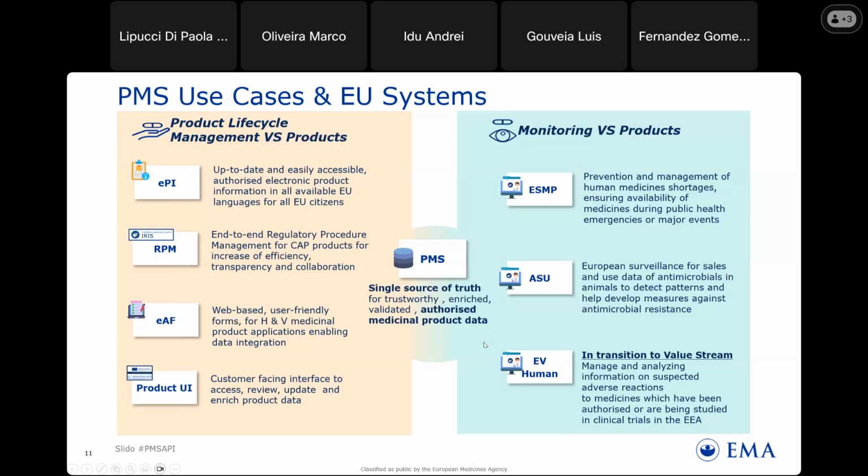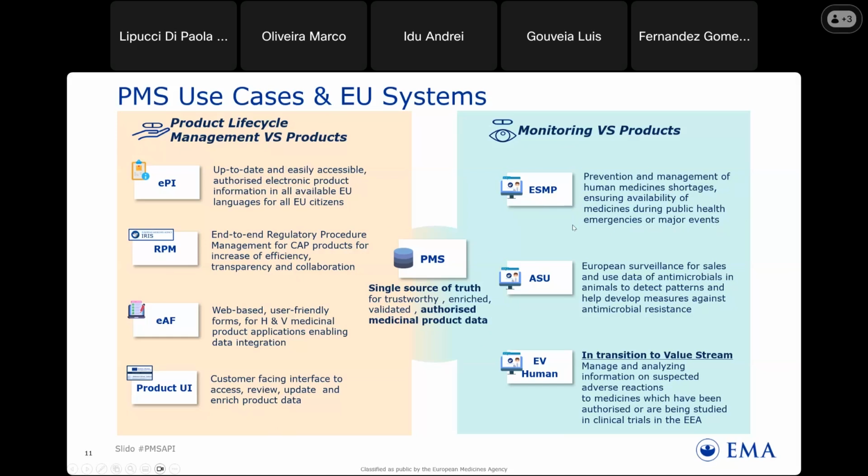But as I was saying before, PMS is also expanding its scope. So we started to support another value stream, which is called monitoring. And as the word says, the scope of this value stream is indeed to check and make sure that the medicines are submitted in a correct way and used across different core activities.